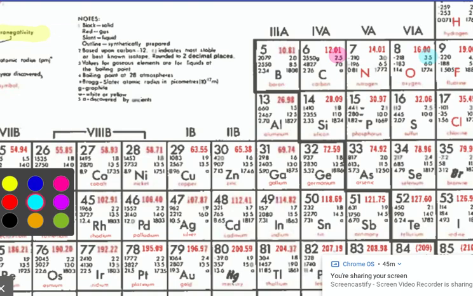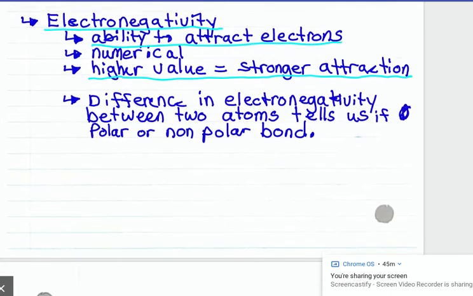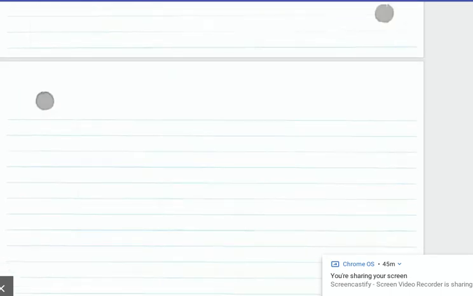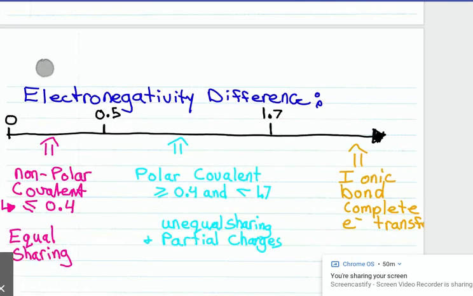So we're going to write that out, and I'm going to scroll up so I have a nice bit of space here, and I'm going to say electronegativity difference. This is a little bit of a scale to show you what the electronegativity differences tell you.